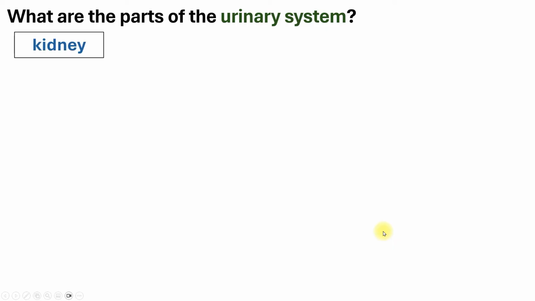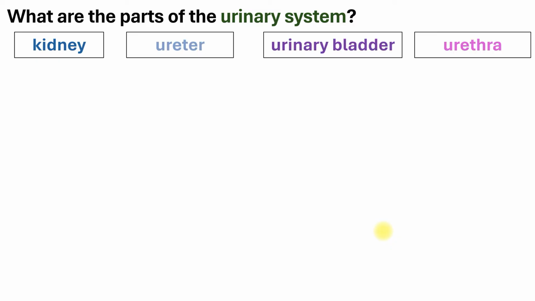Okay, so what are the parts of the urinary system? Of course, we would have our kidney, the ureter, the urinary bladder, and the urethra. For the kidney, you would have your cortex and your medulla, and then your cortex can have subparts, the part that contains the convoluted tubules, and then the part that contains the radially organized parts of the collecting duct, as well as the straight parts of your tubule.